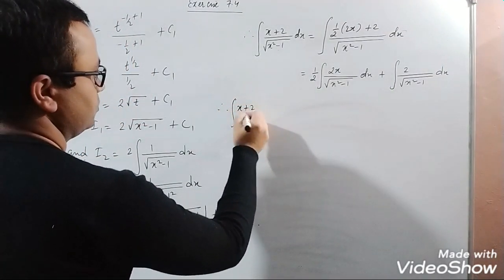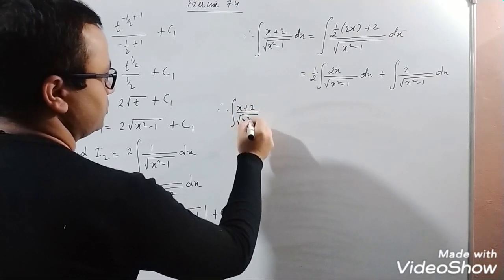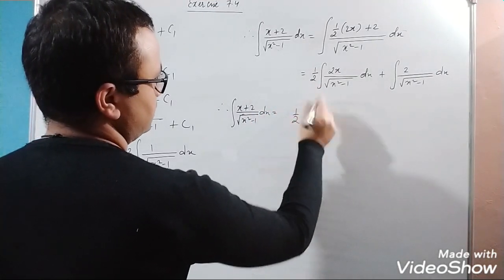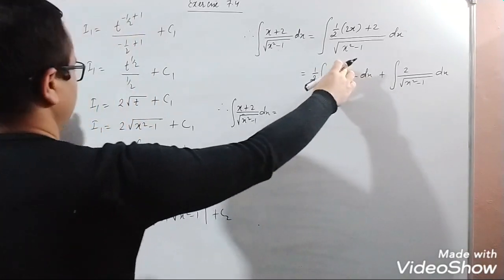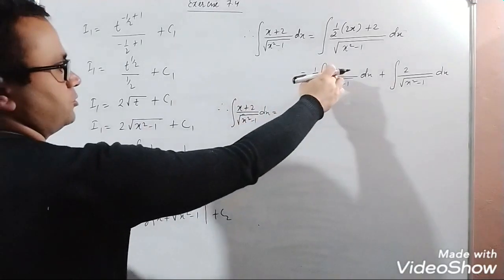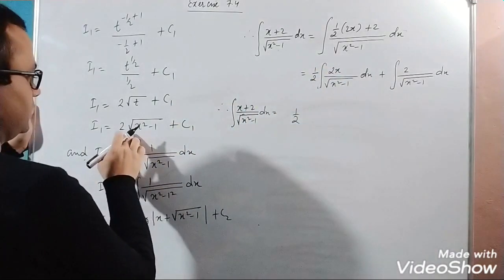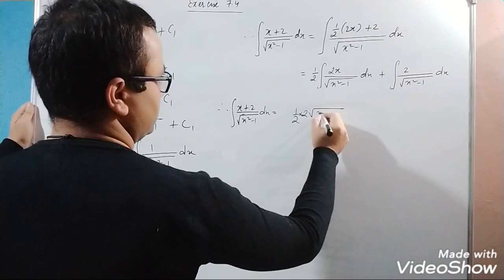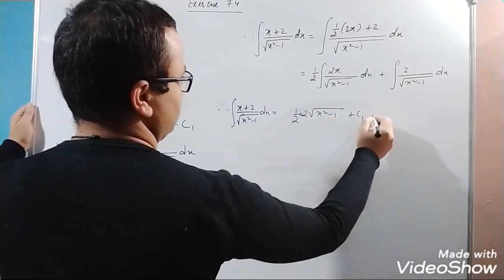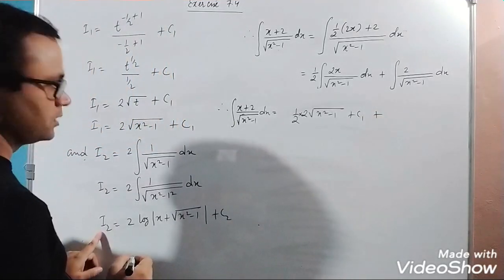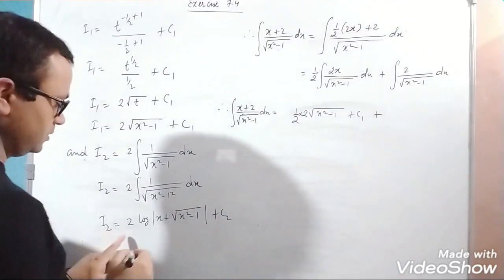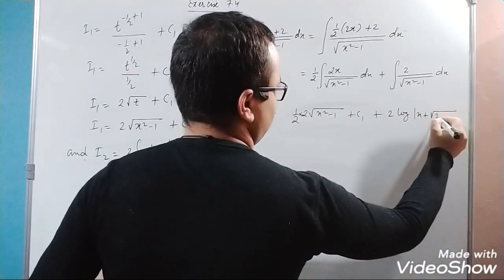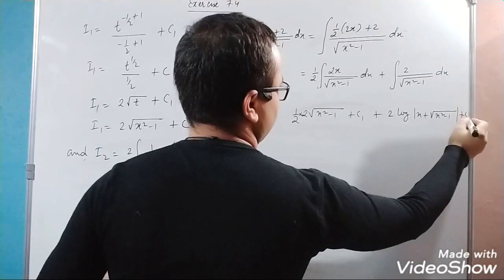Therefore the integration of x plus 2 divided by root under x square minus 1 dx equals half times: the integration of 2x by root under x square minus 1 dx, which is 2 root under x square minus 1 plus c1, plus the integration of 2 by root under x square minus 1 dx, which is 2 log of x plus root under x square minus 1 plus c2.